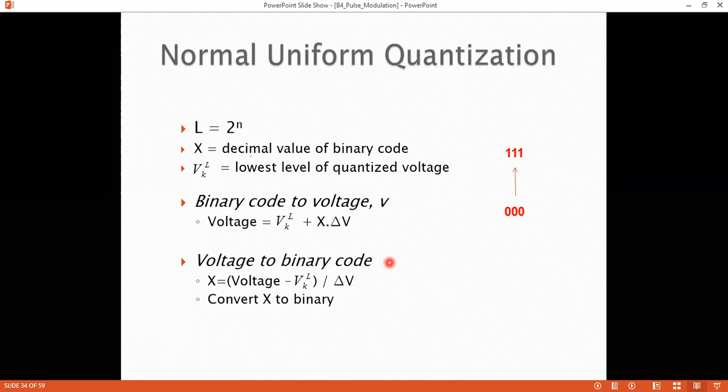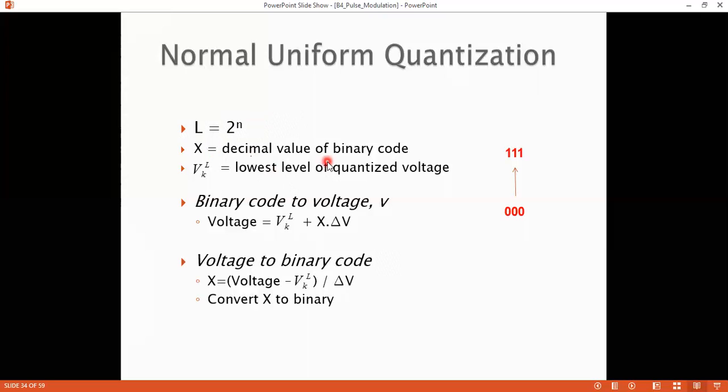If we want to determine what the code is for a certain voltage, or when you are given a voltage, what is the code for that voltage. Okay, so for this situation, using the formula can be helpful to solve a problem.